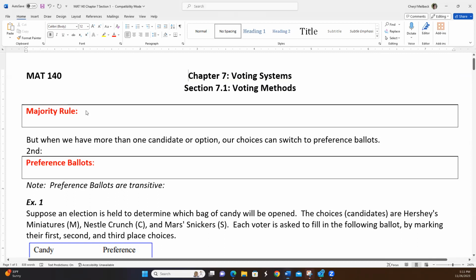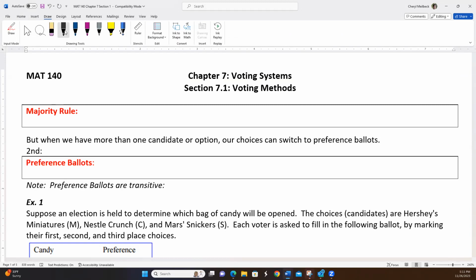And we're going to start with our definition of majority rule. So majority rule is when the person who receives more than 50% of the vote wins.